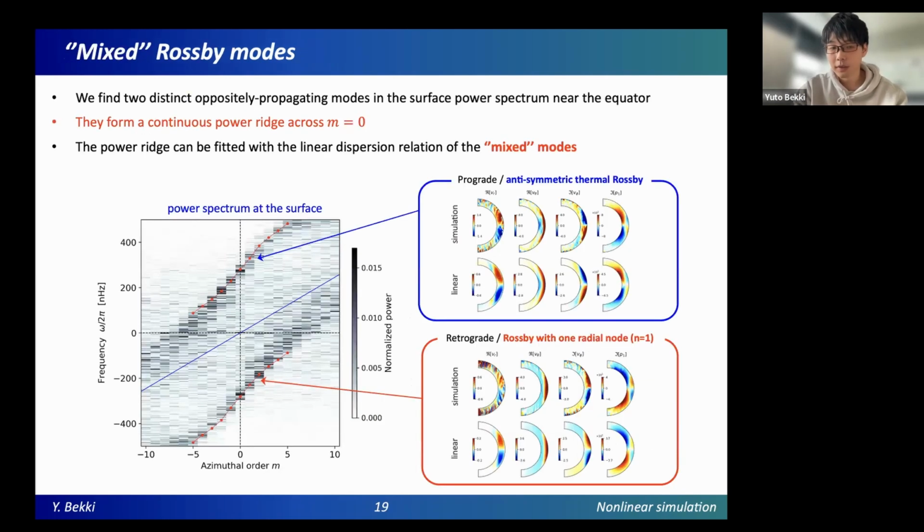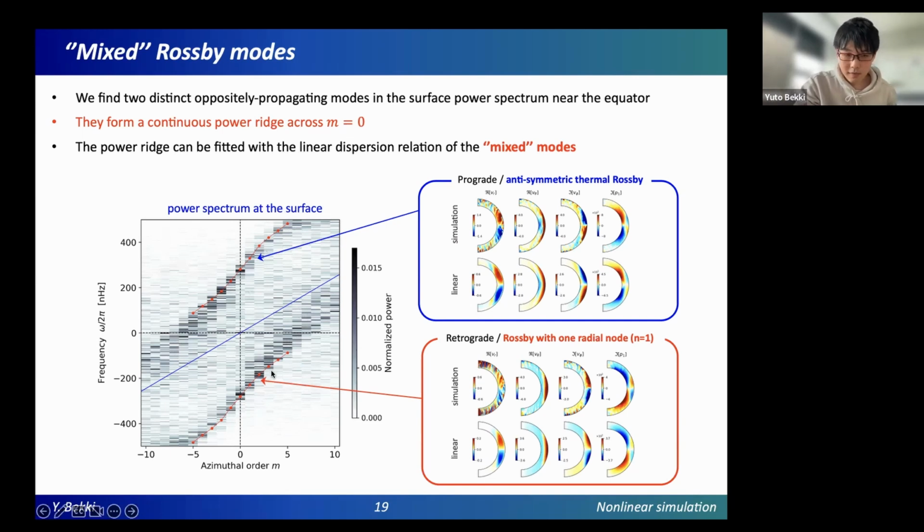And we also confirmed the existence of the mixed Rossby modes in our nonlinear calculations. So this is the power spectrum of the north-south antisymmetric component of the longitudinal velocity at the surface. And you can see that the prograde propagating power ridge and the retrograde propagating power ridge are connected with each other when they are plotted in the extended power spectrum.